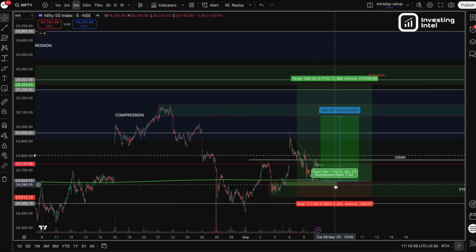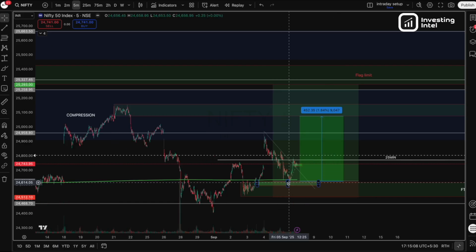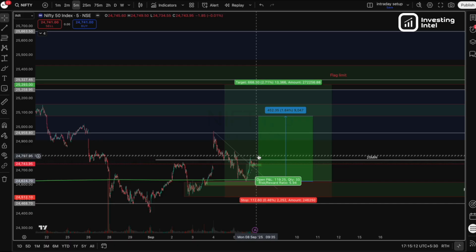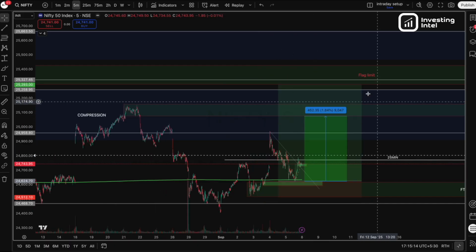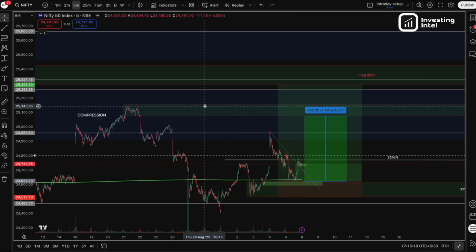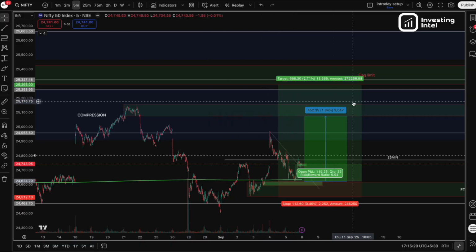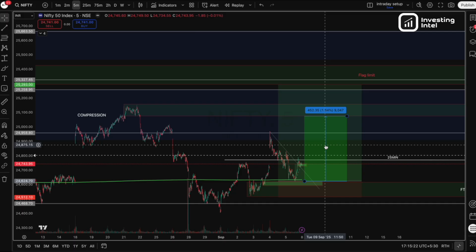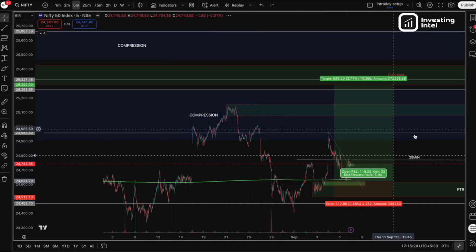So as price moves, this is my view: only look for buying, and if the price is in this zone I'll also look for buying, but I will avoid this zone. I'll see how price behaves in this zone, and then only think.